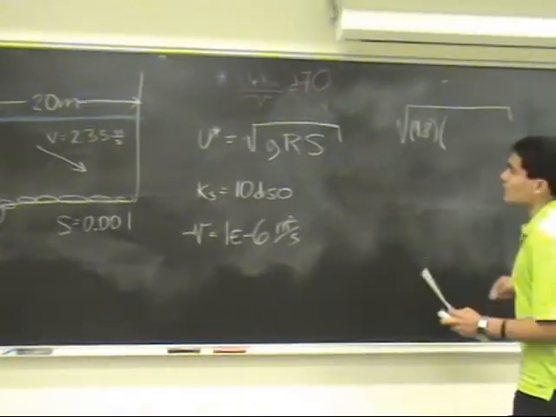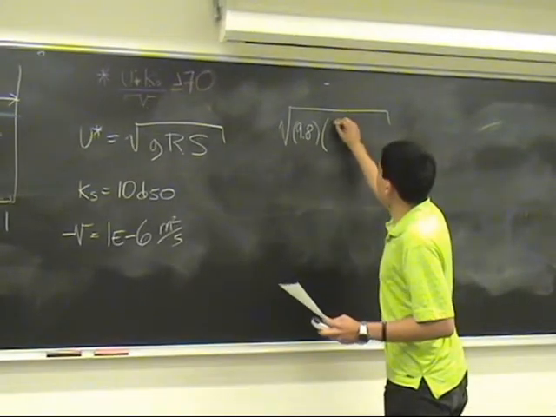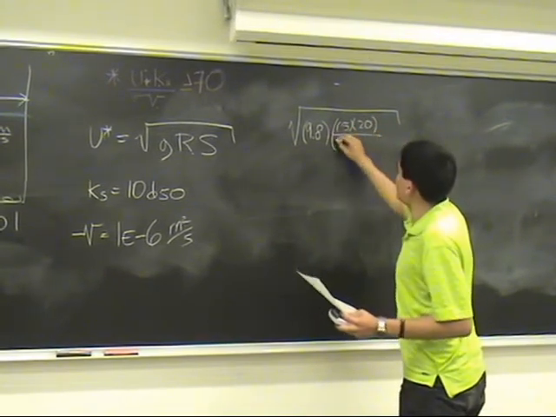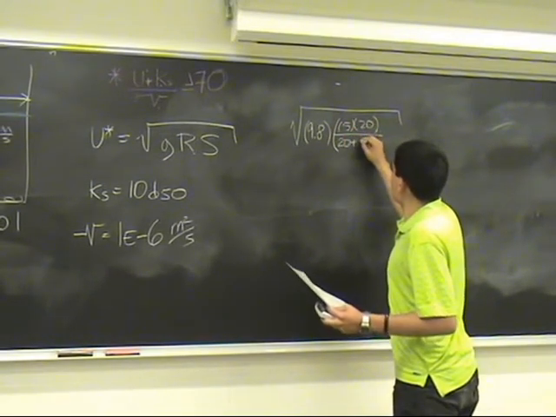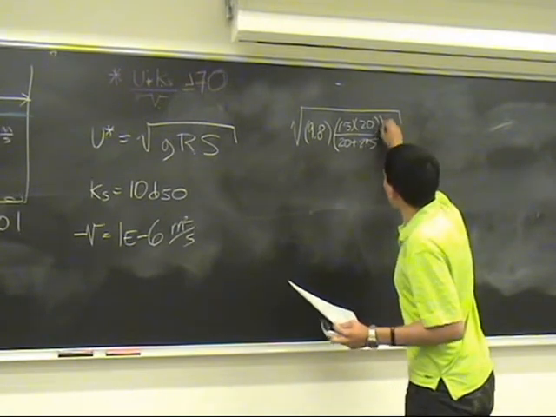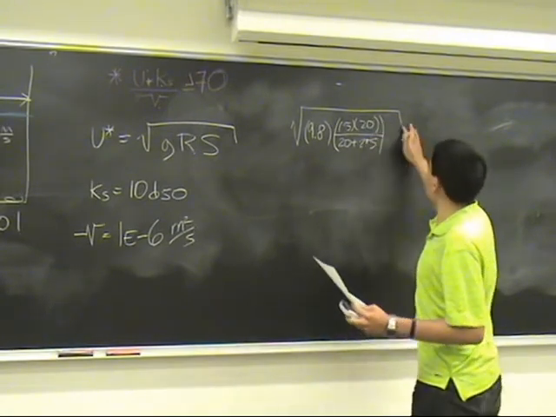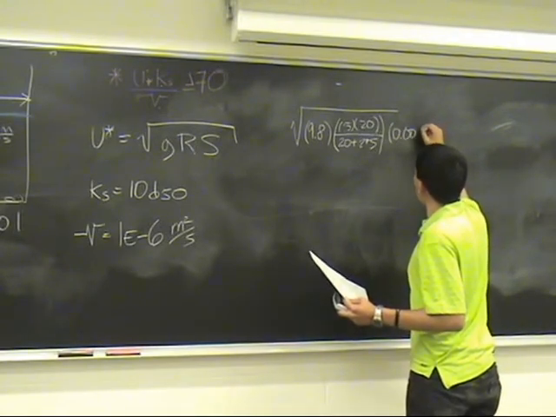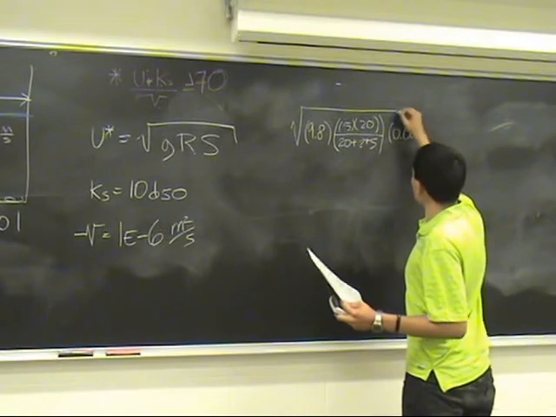Our hydraulic radius would be 5 times 20 divided by 20 plus 2 times 5, and then our slope is 0.001.